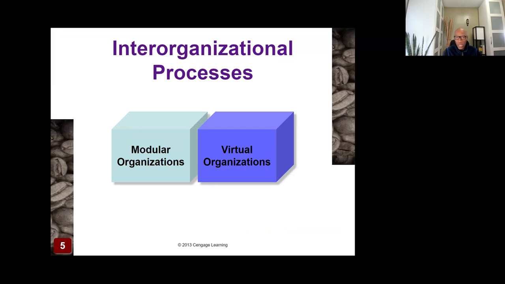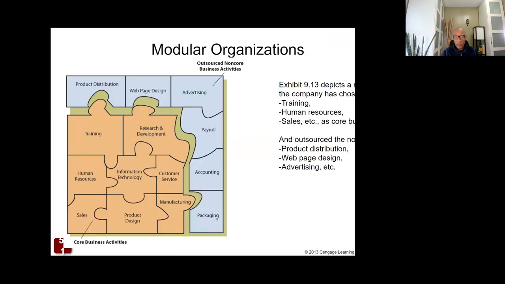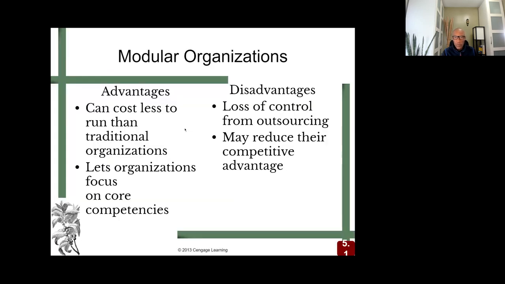And there's also a few others, like virtual organizations and modular organizations, which are primarily just looking at how you again set up the organization in a way that certain activities are outsourced versus basically kept in the organization. So there's a set of activities that are outsourced. There are some advantages and disadvantages.